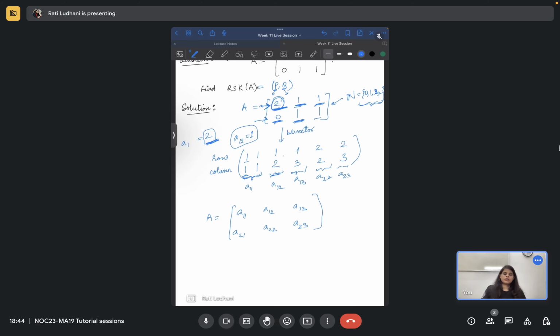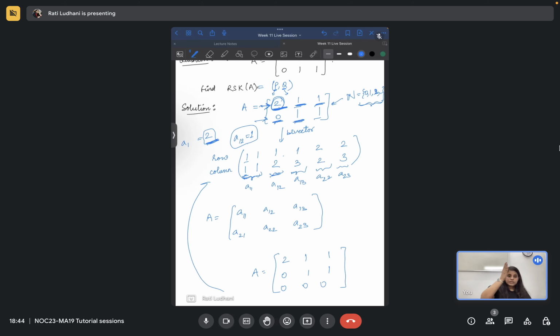One thing in this RSK is that if, for example, A would have been 2 1 1 0 1 1 and 0 0 0, then you would get the same bivector, because it does not record 0, it does not consider anything related to 0. So if you have an extra 0 row or extra 0 column, then it will not record anything. Is that clear?